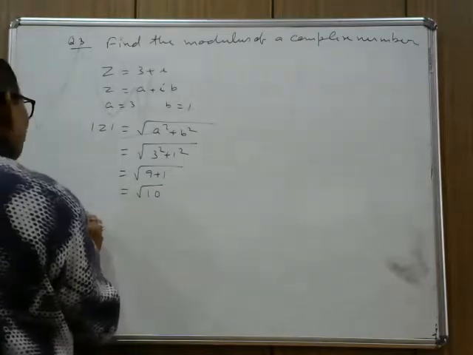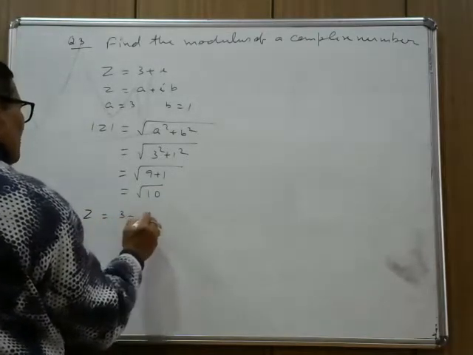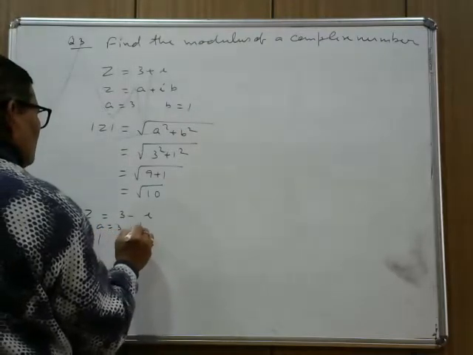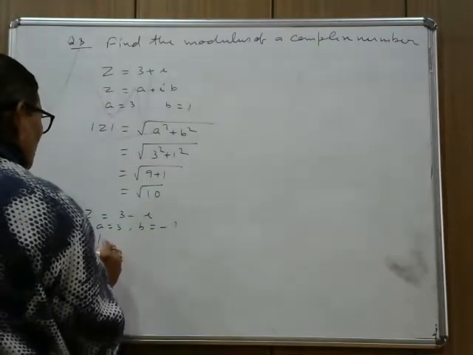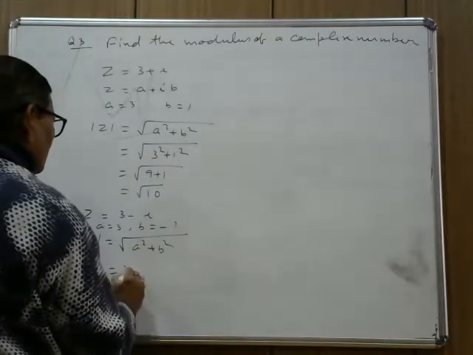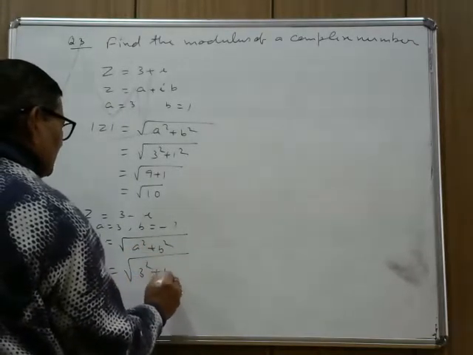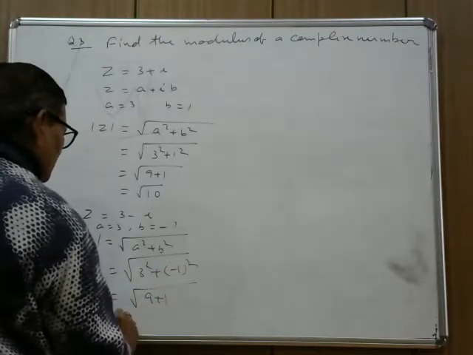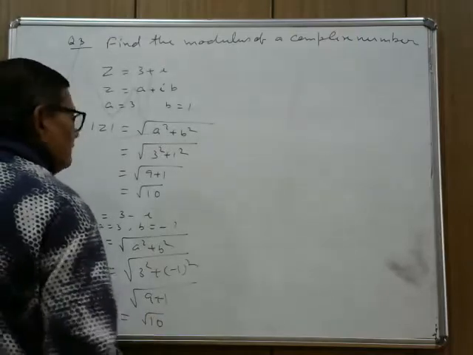Find the modulus of z equal to 3 minus i. Here a is 3, b is minus 1. So mod z equal to under root a square plus b square, that is under root 3 square plus minus 1 square, that is under root 9 plus 1. It is under root 10.